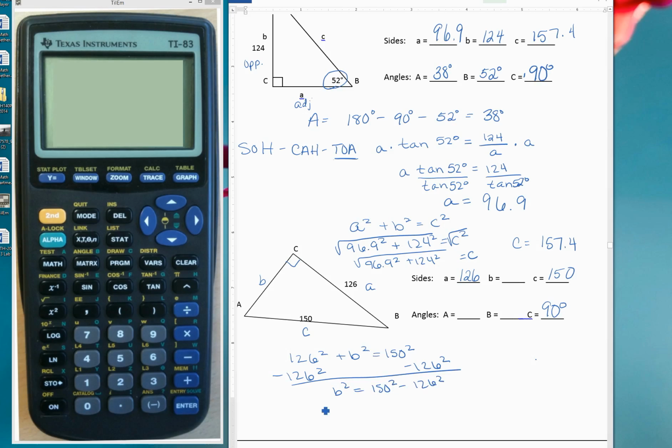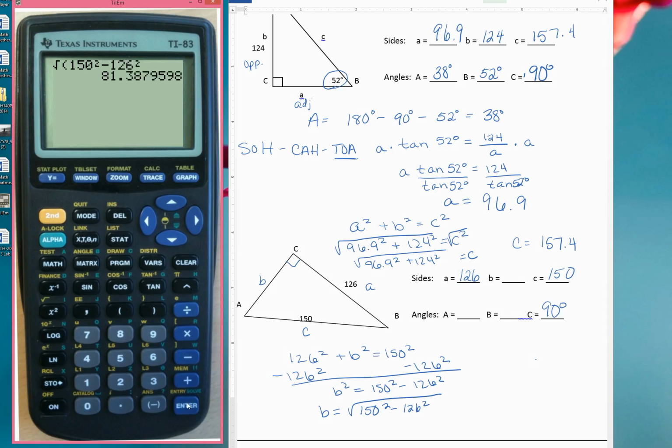And I'm going to take the square root of both sides. So b is equal to the square root of 150 squared minus 126 squared. So we get b is about 81.4.